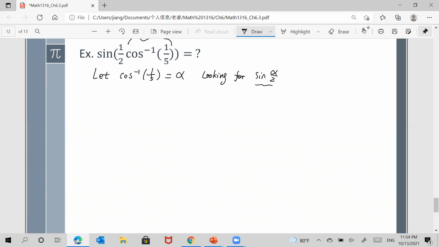So do you still remember the formula of this? That's plus or minus square root of (1 minus cosine alpha) over 2.